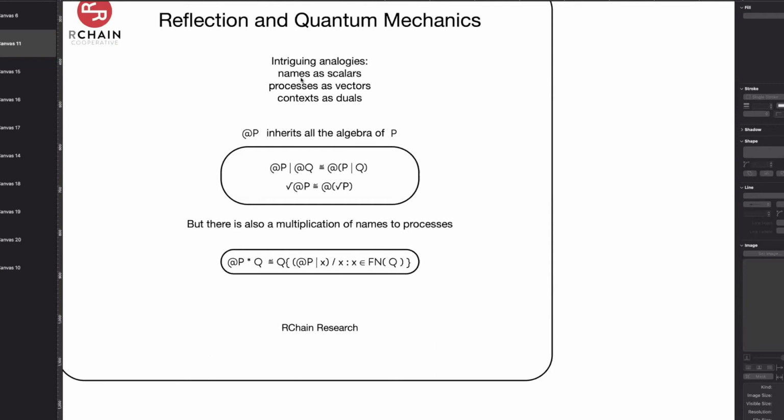So when we make an observation, what we're really doing is checking what value is available at a given name, right? That's an observation in the rho calculus. What value is available at a given name? And it turns out that what value is available at a given name is the code of a process. In other words, a name.